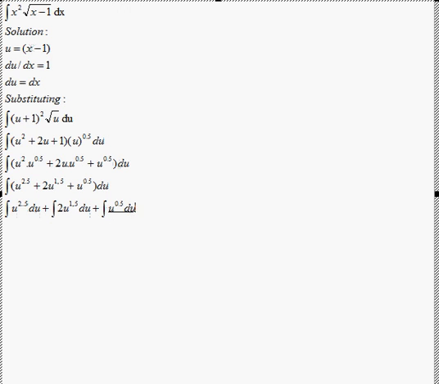So now things got easier. I can integrate the terms separately.